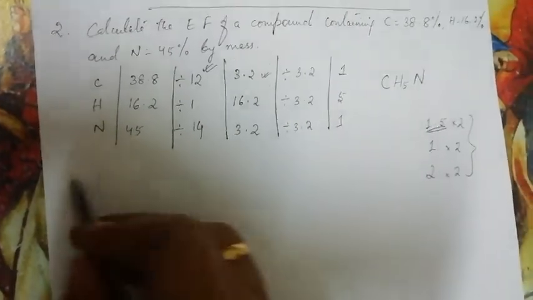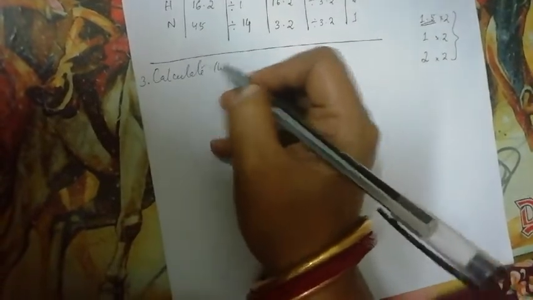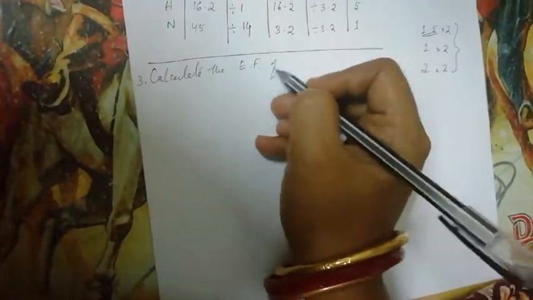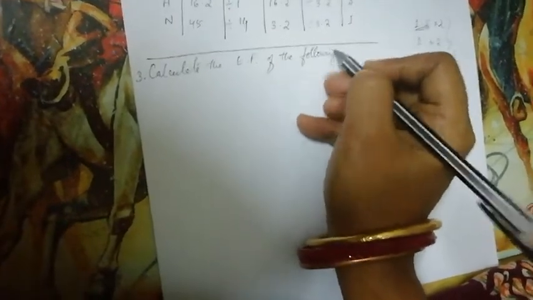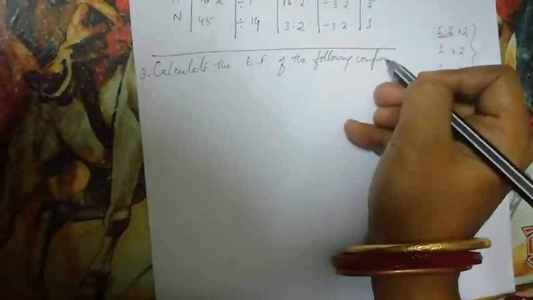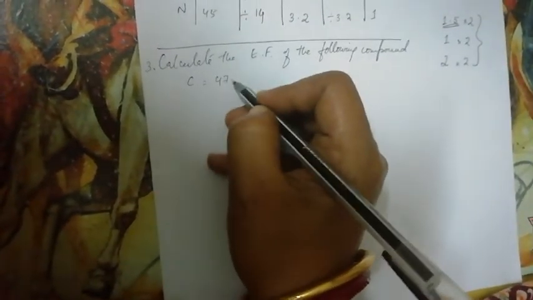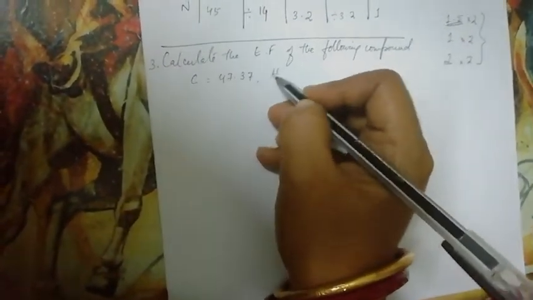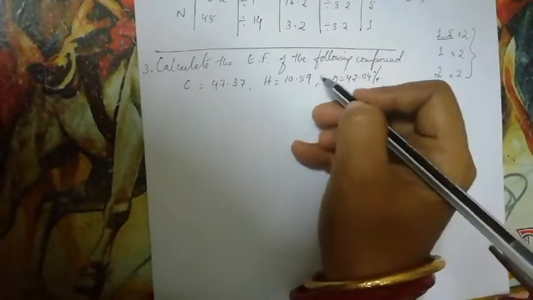Okay, let's take the next example. It will be clear. Number 3. Calculate the empirical formula of the following compound. Carbon 47.37, hydrogen 10.59, oxygen 42.04%.